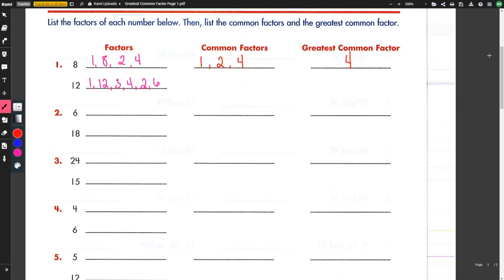So, what I end up getting is 1 and 6, 2 and 3, then 1 and 18, 2 and 9, and 3 and 6. Oh, not 36, 3 and 6. Common ones, obviously it's 1. They both have 6, both have 2, and they both have 3. Now the biggest of them all is 6.